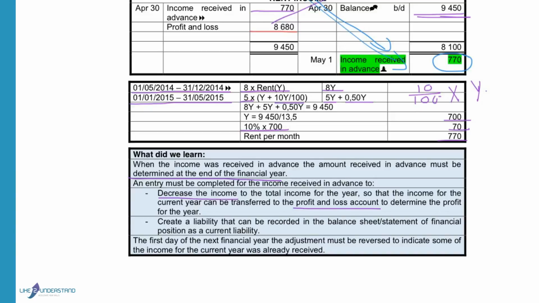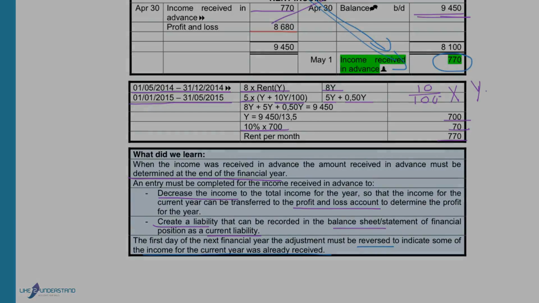We will create a liability for the amount that was received in advance for the next year so that it can be recorded in the balance sheet as a current liability. On the first day of the next financial year, we will have to do a reverse entry to indicate that some of the income for the current year was already received and to close off the liability that was created at the end of the previous year.